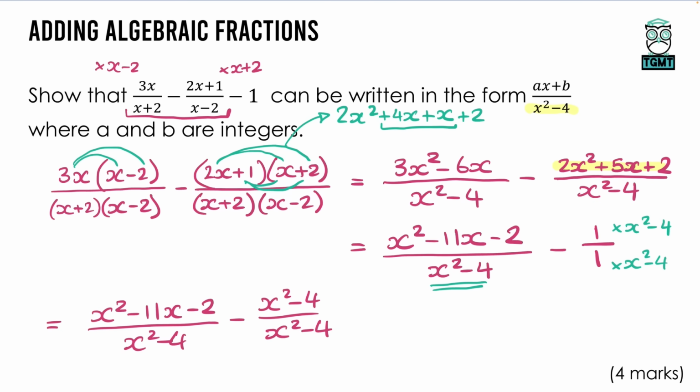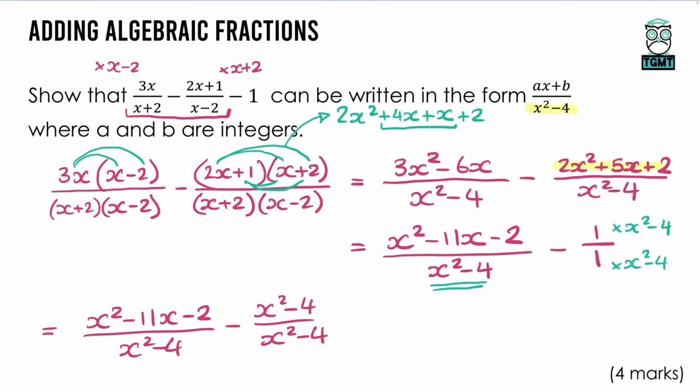Let's just move this out of the way so we have some space. So what do we get? Well, x squared, take away the x squared. So just looking at these two to start with, they cancel out. So they're gone completely. So we have minus 11x, take away, and there's no x's there, so that'll be minus 11x. We have minus 2, take away minus 4. So when we take away negative 4, that's going to add 4.